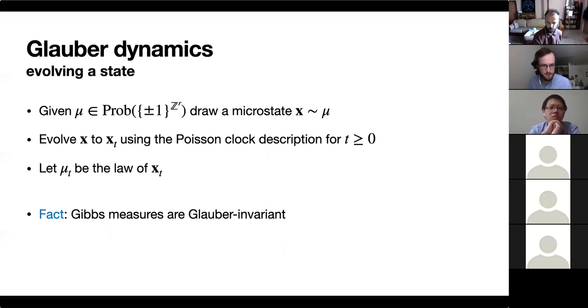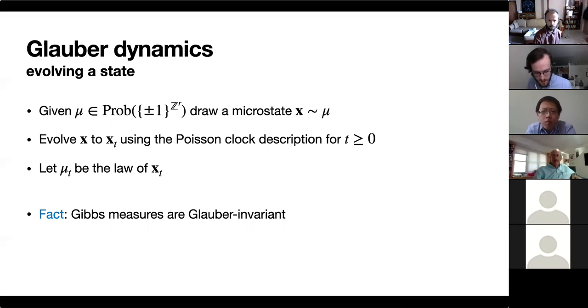Okay, and something which is not too hard to see is that Gibbs measures are going to be Glauber invariant. This is almost by definition because we define the Glauber dynamics by re-randomizing these sites according to that Gibbs conditional marginal thing. The converse of that is a lot less clear though.